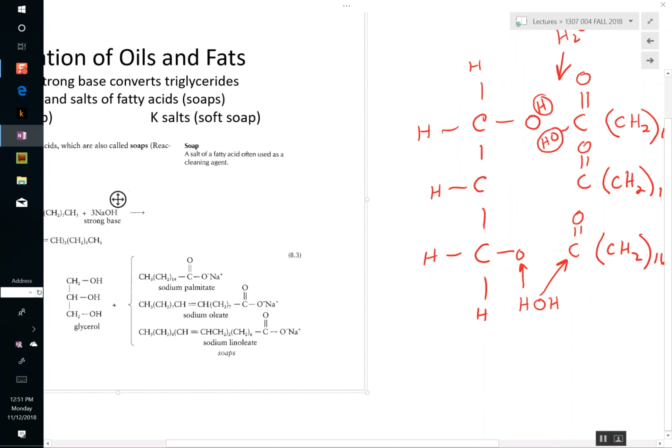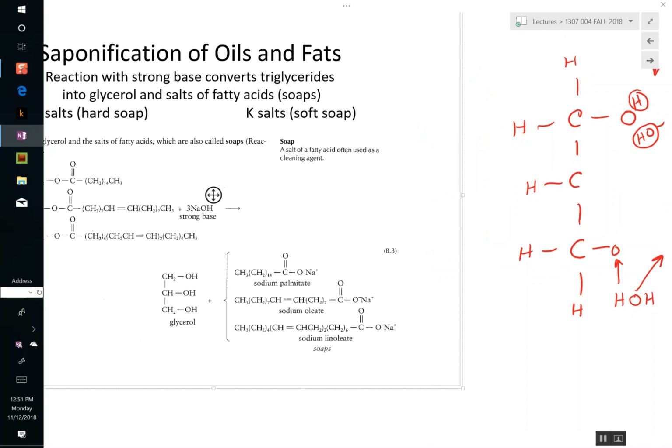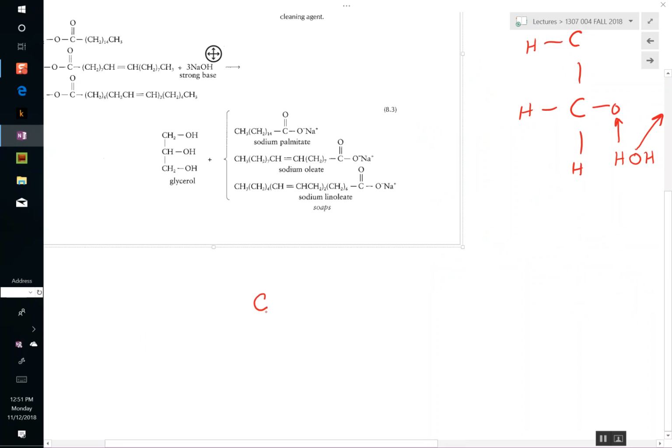What you're going to get is glycerol and 3 sodium stearates. What is sodium stearate? If we draw it the same way it's drawn here, that's sodium stearate. But you'll get 3 of those and 1 glycerol.